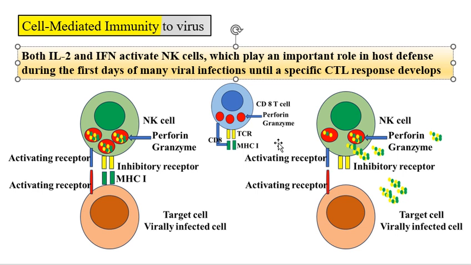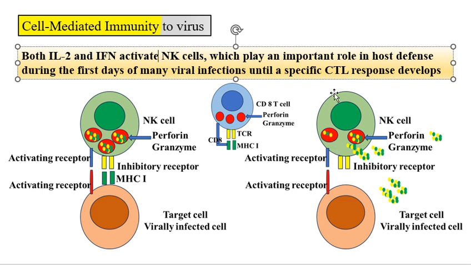However, viruses usually follow some strategies to evade or escape immune responses, for example downregulating expression of major histocompatibility class 1. As can be seen here, this absence of major histocompatibility class 1 will be sensed by inhibitory receptors.